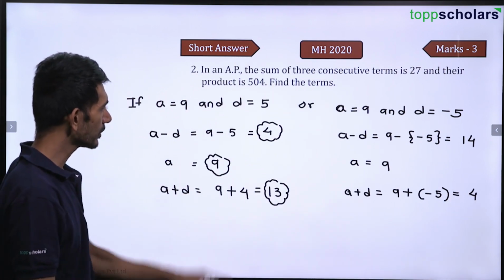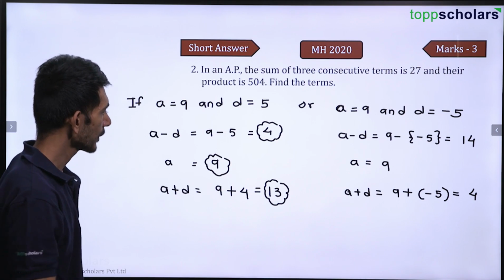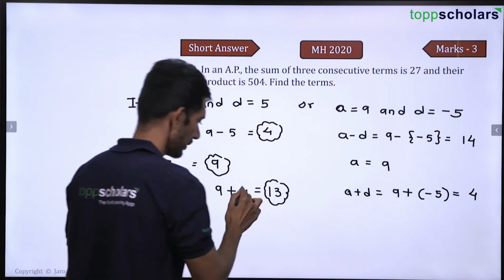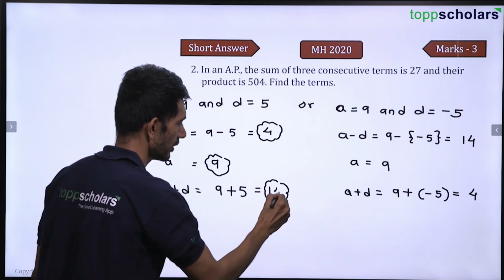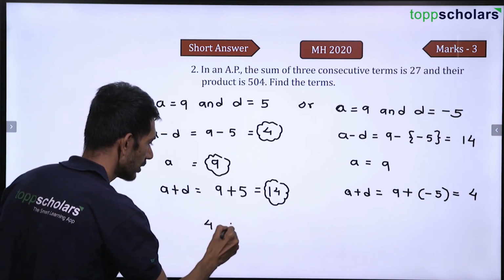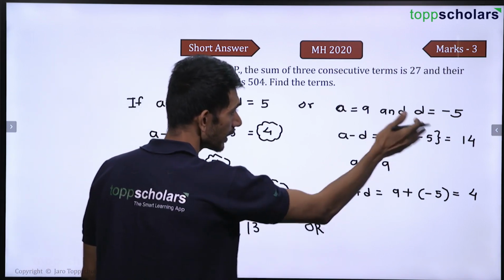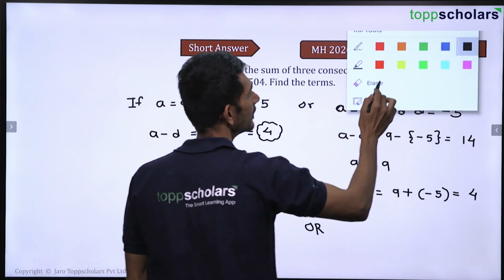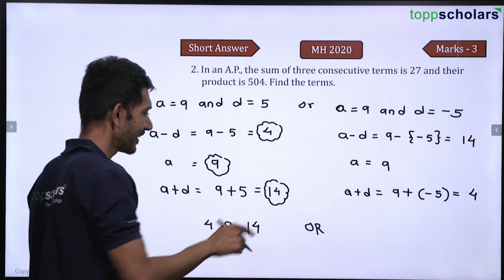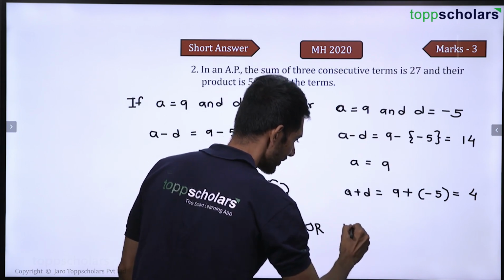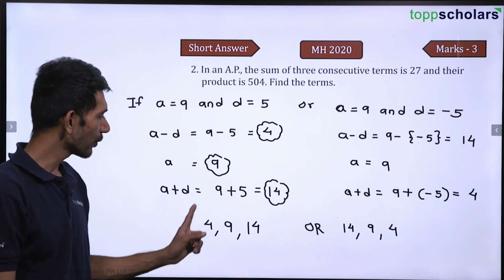So the three numbers are 14, 9, 4. So either we have 4, 9, 14 or 14, 9, 4.